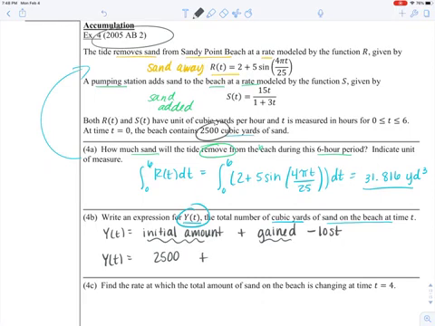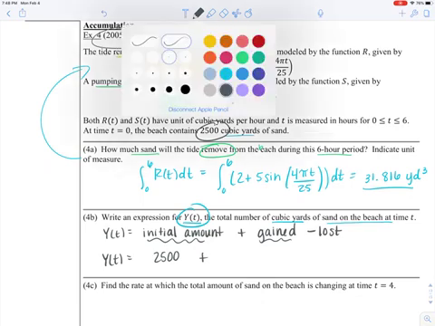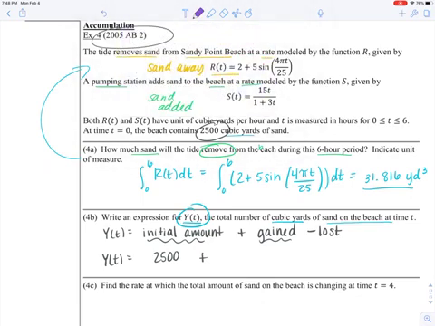Gained, we're talking about the sand that is gained, so that's an integral. I'm not just talking about the rate of sand, I want the sand that is gained. So my equation for the sand that is being added is the integral of 15 times the square root of 1 plus 3t dt. And actually, we're going to change all of these t's to x's, and I'll explain why. Because we're going to put our t up here as the bound.